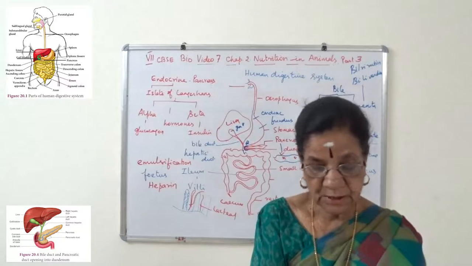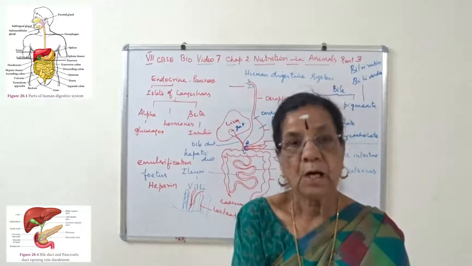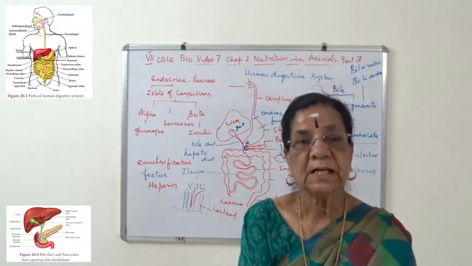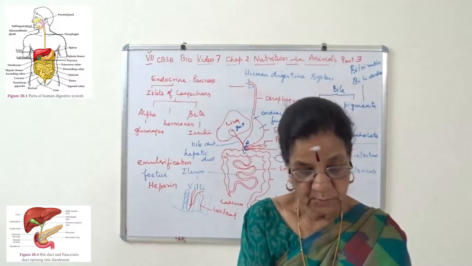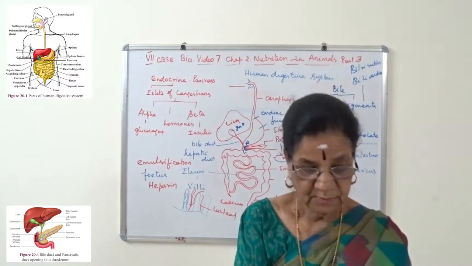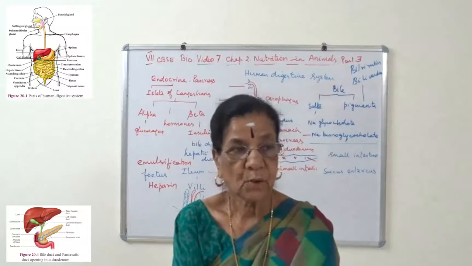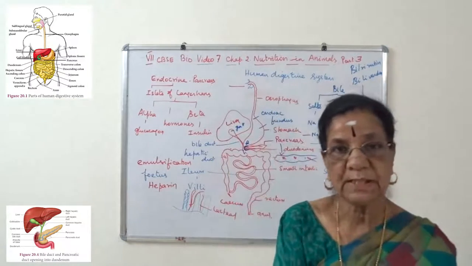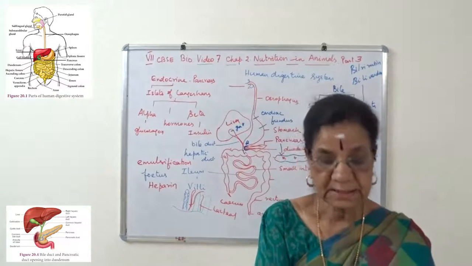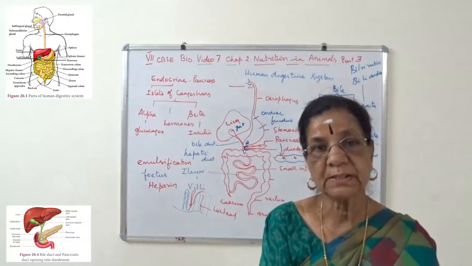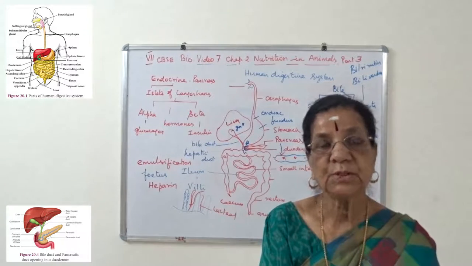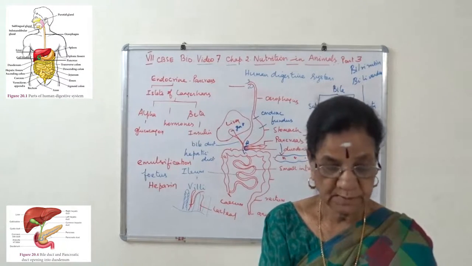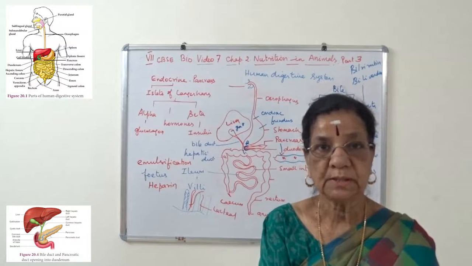Now the part of the food that is not digested or absorbed enters the large intestine. There it absorbs water and salts. Right? So the water and salt are absorbed by the large intestine. Excess water absorbed by the blood vessels is taken to the kidneys to be removed with the urine.